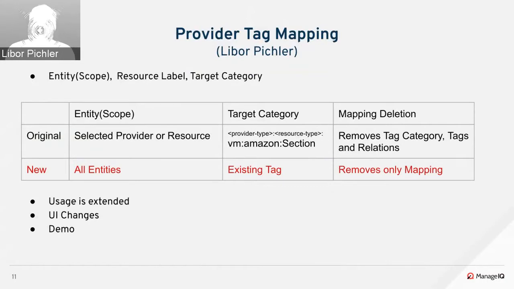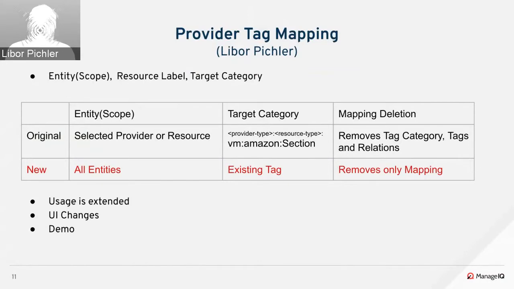We did changes in scope, target category, and in deletion of mapping. Originally, when a mapping is defined, it was required to select a provider or resource as a scope for mapping. Newly, we can just select all entities option, which means that mapping will be applied on all providers and all resources.